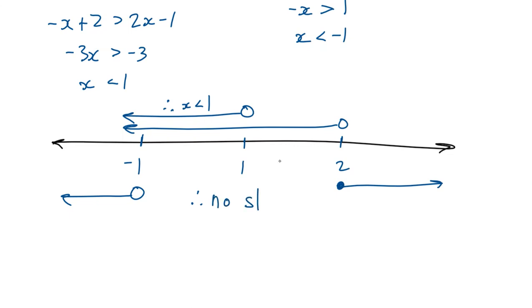And you do have to state that. But that doesn't mean there's no solution to the entire thing, because we did get solutions from the first case. Could you have no solutions at all? Yes, you could. Absolutely. Okay.